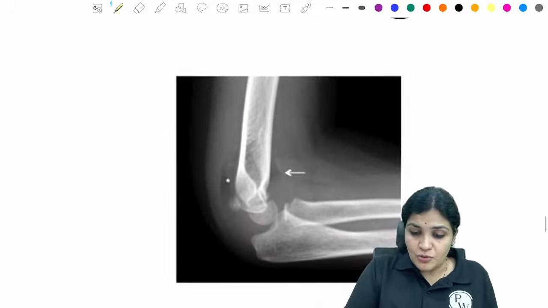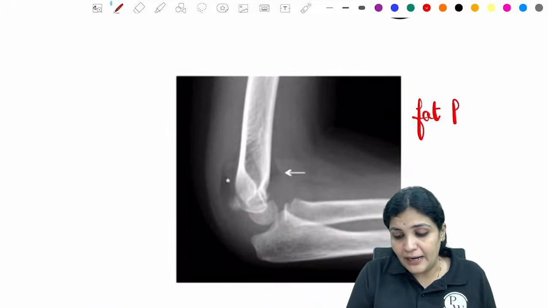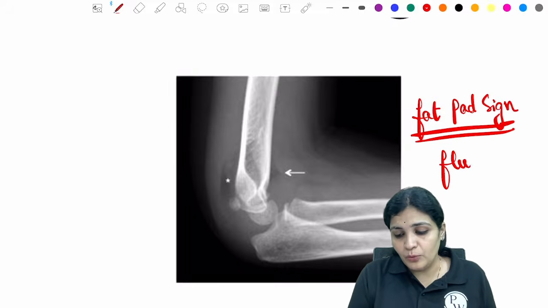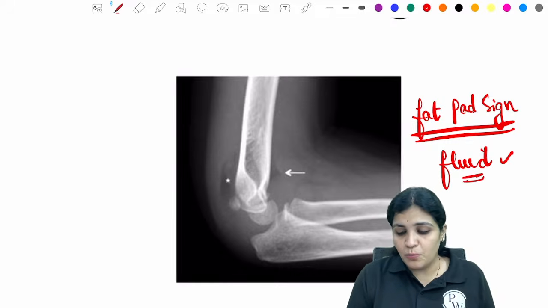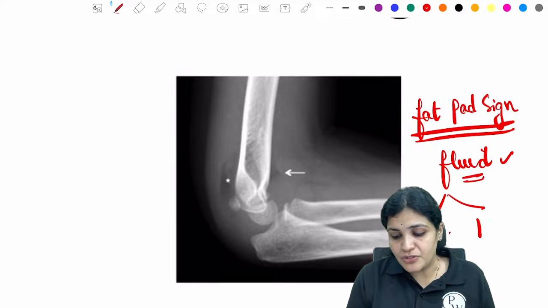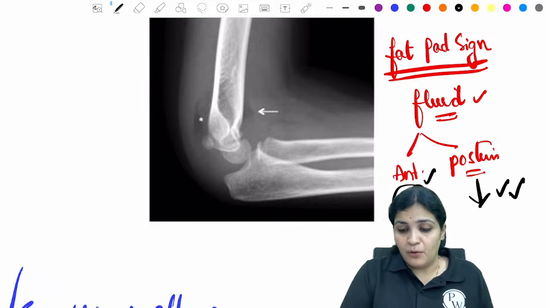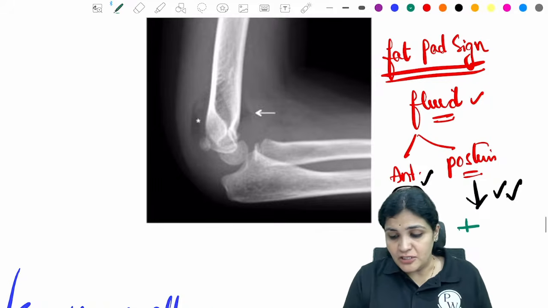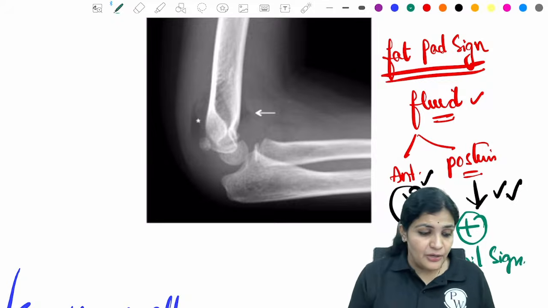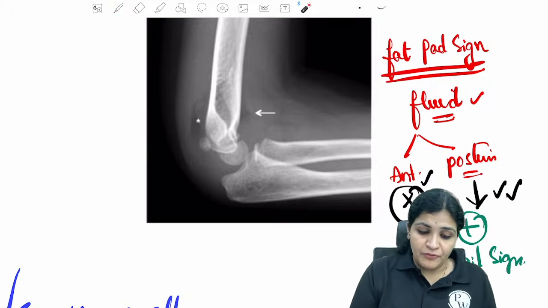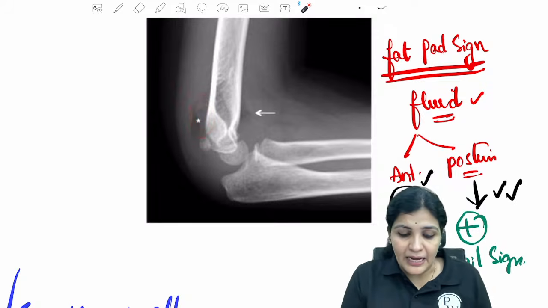And one more important thing which you have to remember is the fat pad sign. The fat pad sign is nothing but the accumulation of fluid, which will present as fat pads both anterior and posterior. But anterior we are usually not much bothered, because normally also it can be present. Posterior is very, very important. If the posterior fat pad sign is positive, which is also called the sail sign, you can see that this particular fluid which is accumulating is causing a darker shade.